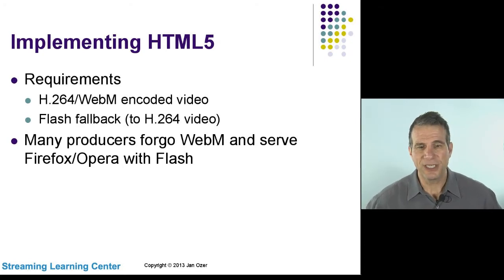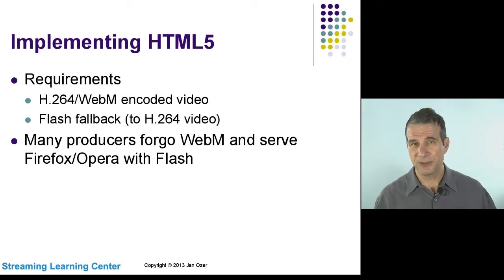Okay, so what do you have to do to implement HTML5? You've got to encode to H.264 and WebM. Some producers don't do WebM at first. They just rely on Flash fallback for Firefox and Opera. So when Revision3 came out and said we're going HTML5 2 or 3 years ago, HTML5 was the primary playback engine that they used, but they also supplied Flash fallback.